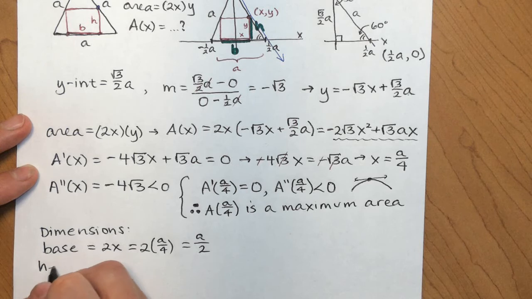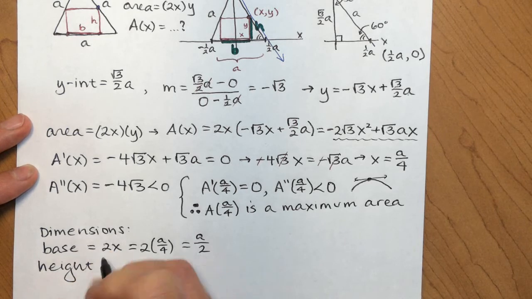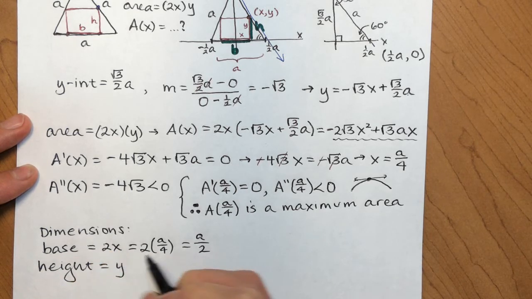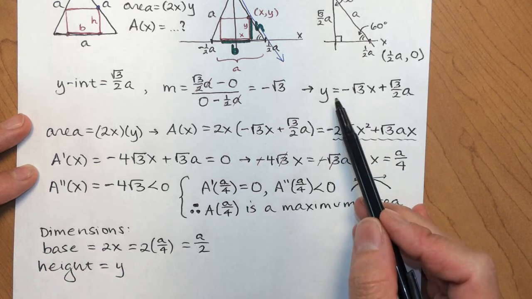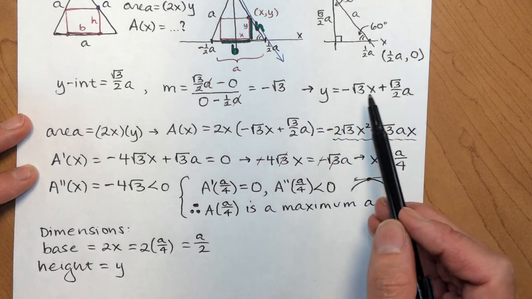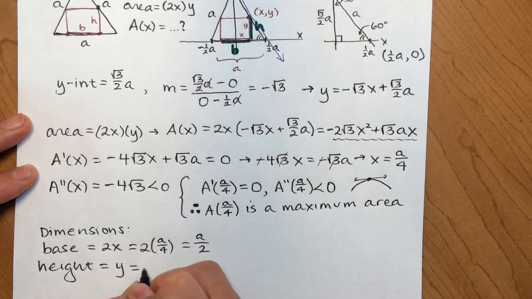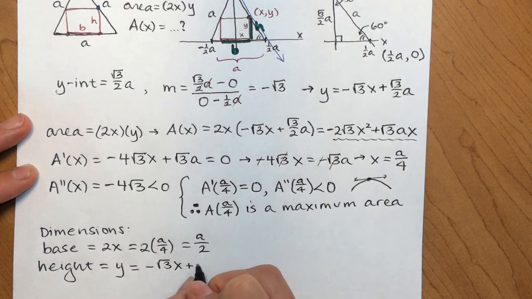And then, of course, the height of our rectangle is y, which, using our equation from our line, y equals negative root 3x plus root 3 over 2a.